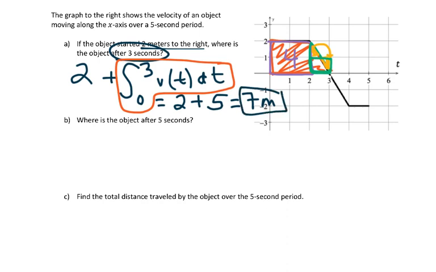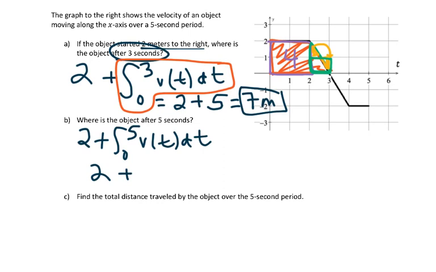Okay, part B: where is the object after 5 seconds? Again, it's starting at the 2 meters, and then we want to know the distance it's traveled, position from 0 to 5, of this function. So I have 2 plus, and we know what it is from 0 to 3; we've figured that part out already.